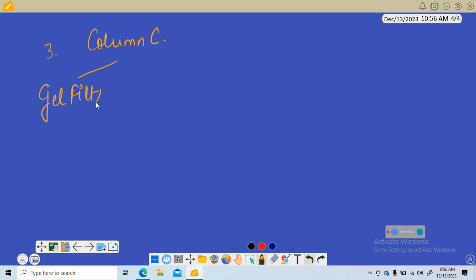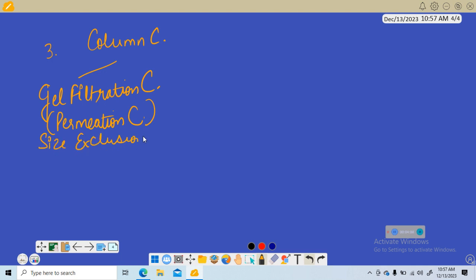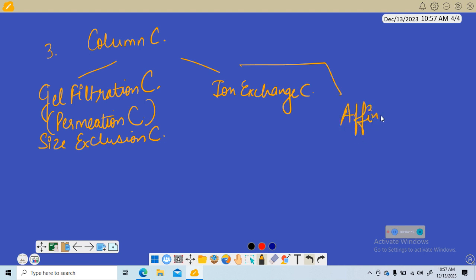First is gel filtration chromatography, also called permeation chromatography, and sometimes also size exclusion chromatography, because it's based on size. Second we have ion exchange chromatography. Third is affinity chromatography.